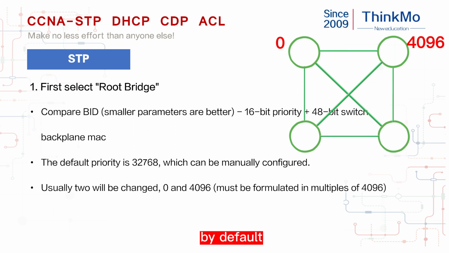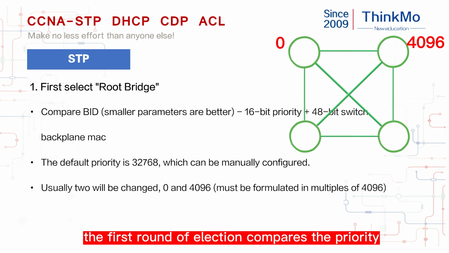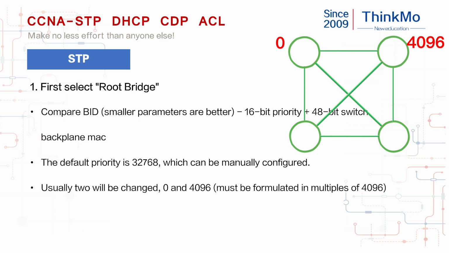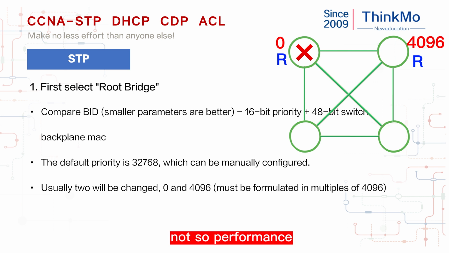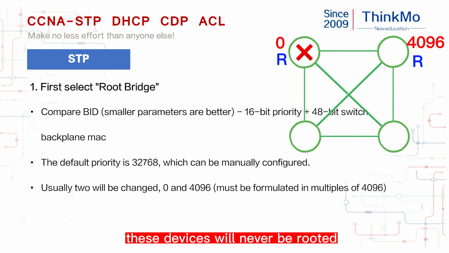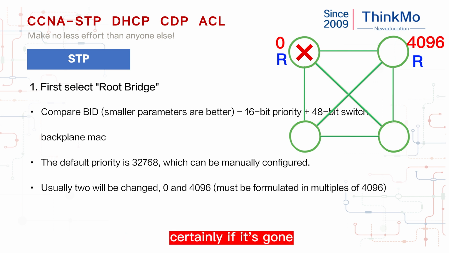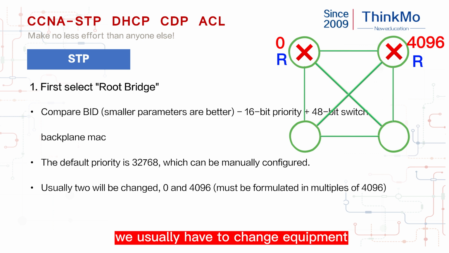By default, the first round of election compares the priority, and we don't look at the MAC address yet. Compare priority: the best device is the root. If it's gone, then the next one is the root. The devices that are not so performant will never become the root. Certainly, if those are gone, then there's no way, and we usually have to change equipment.